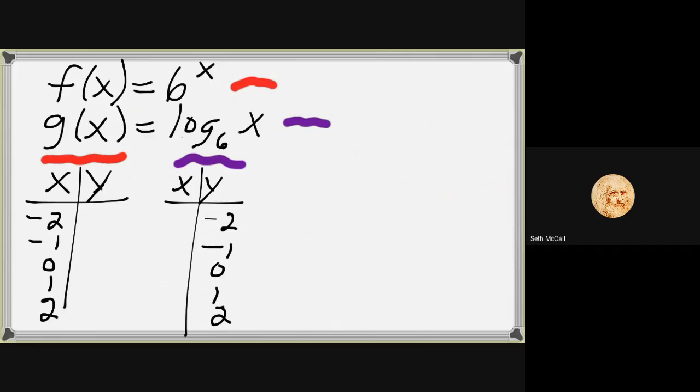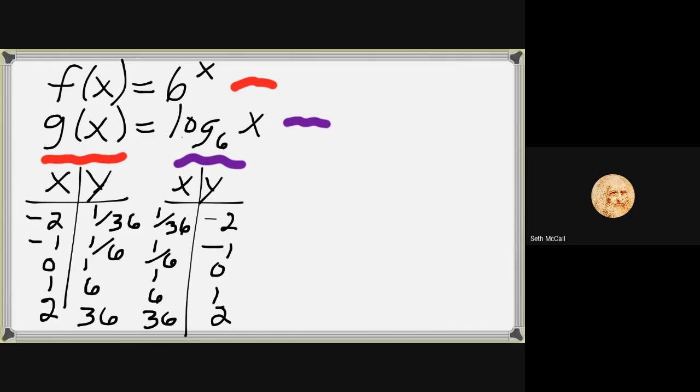All right, so 6 to the -2 is 1 over 6 squared, which is 1/36, then 1/6, 1, 6, 36. And then the x's and the y's switch. Then you have 1, 6, 36. And you can plot those. Again, they're going to look just very, very similar to the last two that we did.